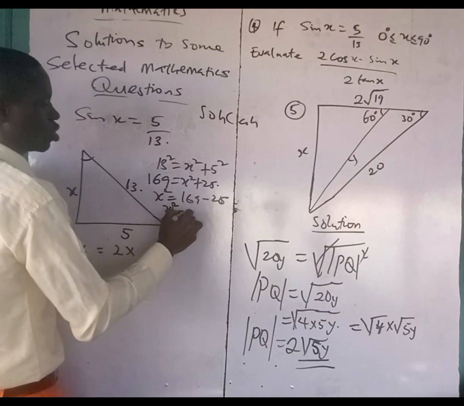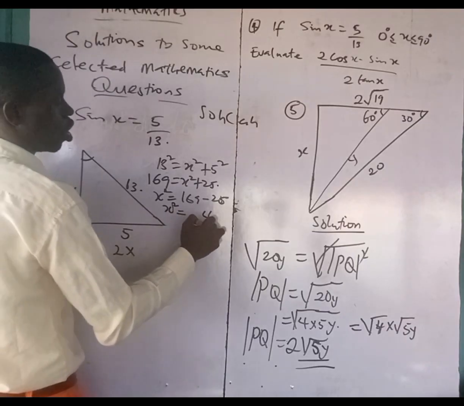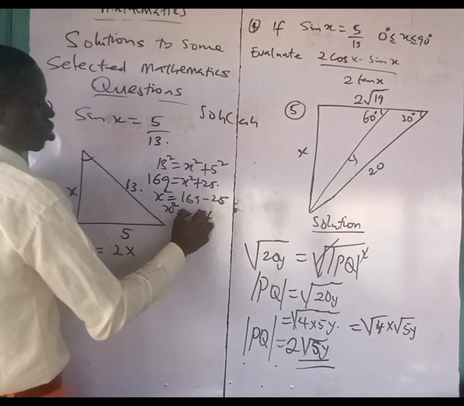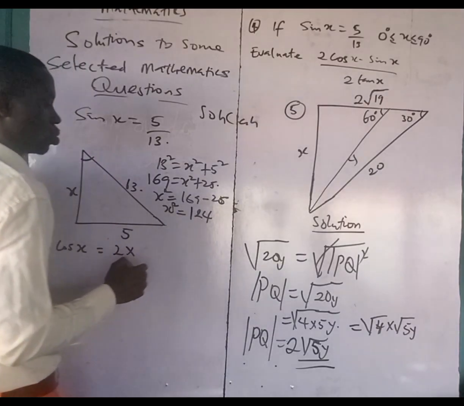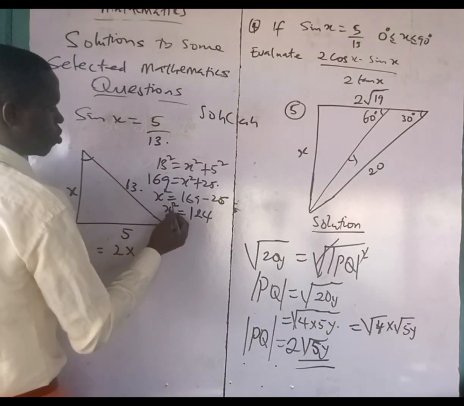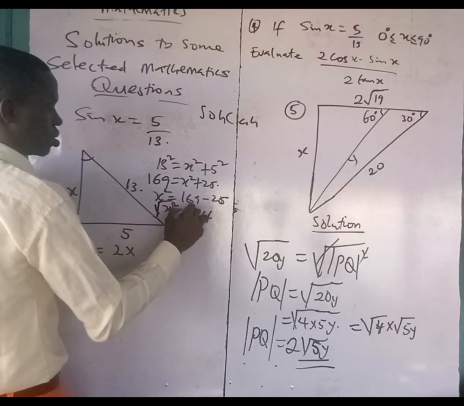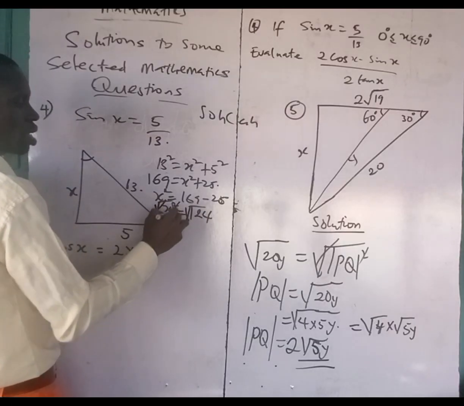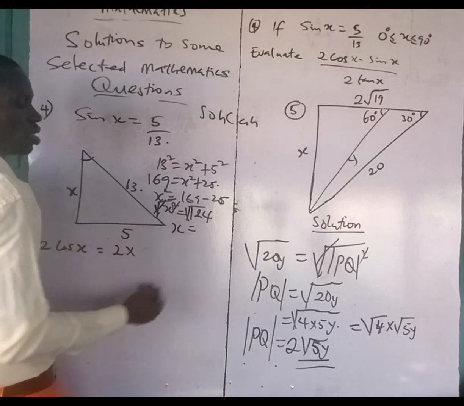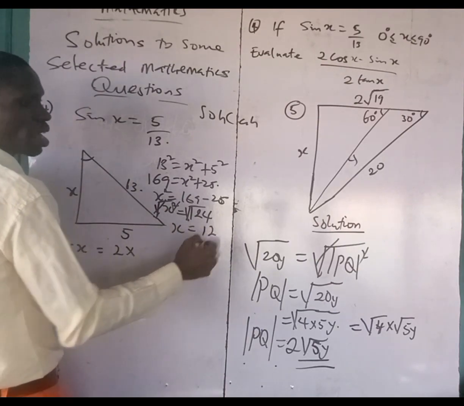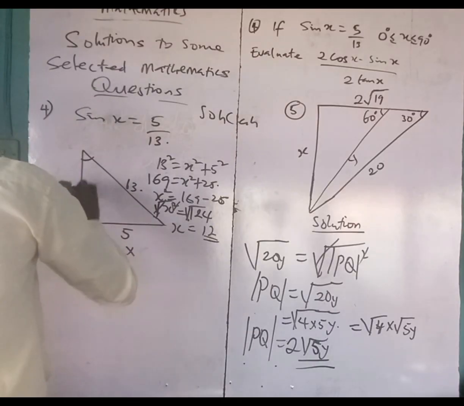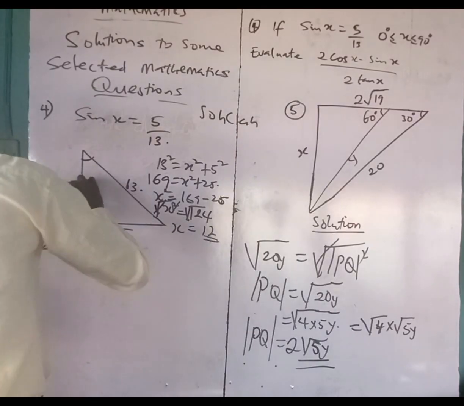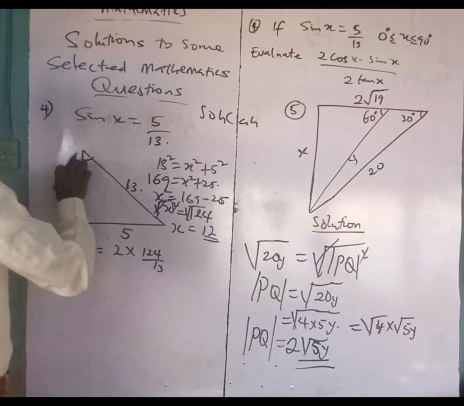So x squared will give us 144. We take the square root of both sides, this will cancel this. Then x will be square root of 144, that's 12 times 12. So x becomes 12.